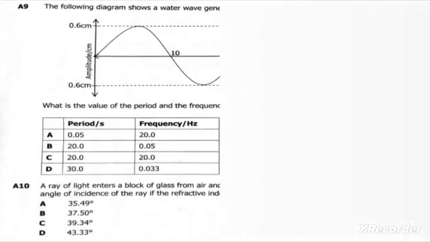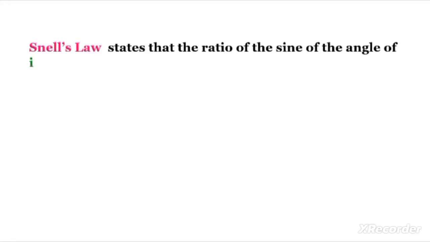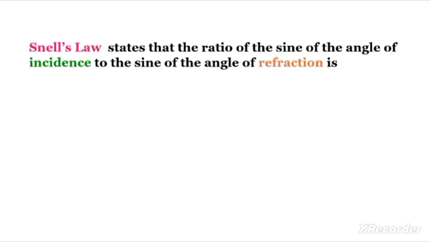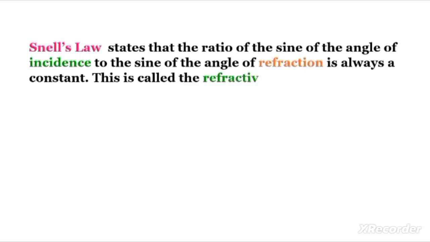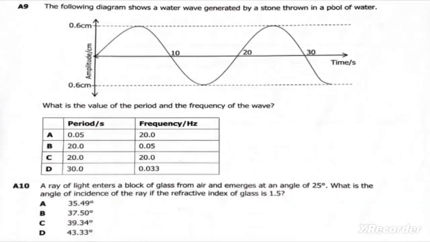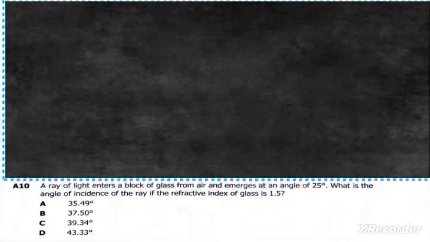So to answer this question, let us come up with Snell's law, which states that the ratio of the sine of the angle of incidence to the sine of the angle of refraction is always constant. Okay, and this is called refractive index. So this is the law that we are going to apply here.